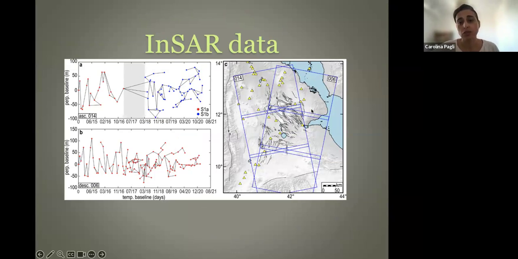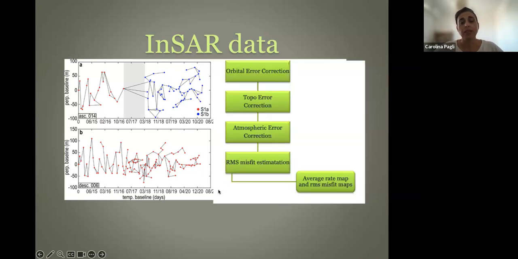Then in these two observational areas, we try to form all the possible interferograms that are available to us, and this is what we formed, spanning the time of 2015 to 2021. The next step is about these single interferograms. They have been cleaned from some artifacts, but not all.